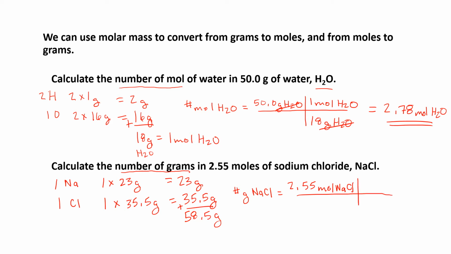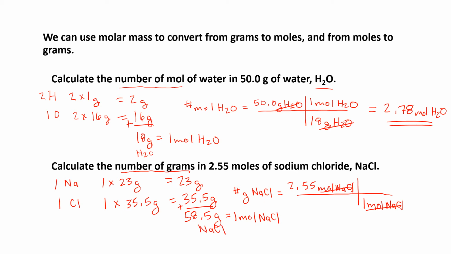And I need to get rid of moles of NaCl, so I'll put 1 mole of NaCl on the bottom here. Remember, 58.5 grams of NaCl is equal to 1 mole of NaCl. And so I can use this as a conversion factor.